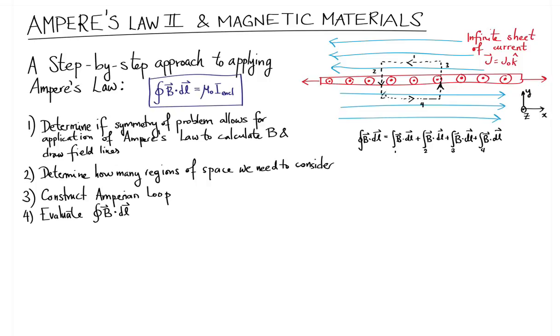First of all, we notice that for side 2, B is going exactly to the left or to the right, while side 2 is going straight down. So that contribution to the integral is 0. I numbered this in a funny way, didn't I? It doesn't really matter. Side 3 is also 0, because the field lines are exactly perpendicular to the path. So only side 1 and side 4, the top and the bottom, contribute.